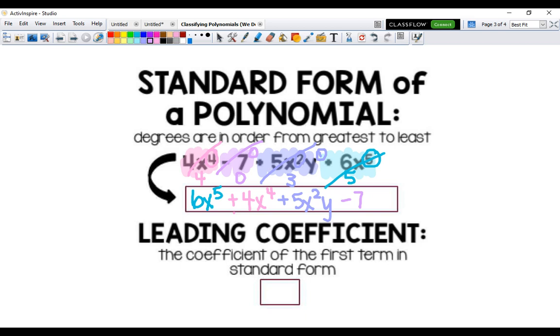And when they talk about leading coefficient, that basically means when it's in standard form, what number is in the front? So this is in standard form, I know, because my exponents are going 5, 4, 3, 0. Well, what number is in the front? 6. All right, to call it Beyonce. That's my leading coefficient.